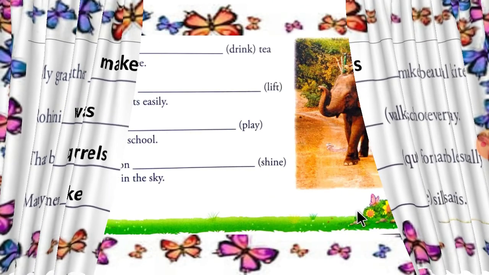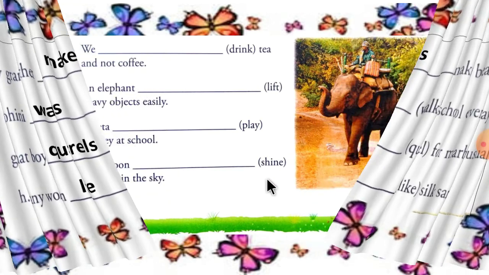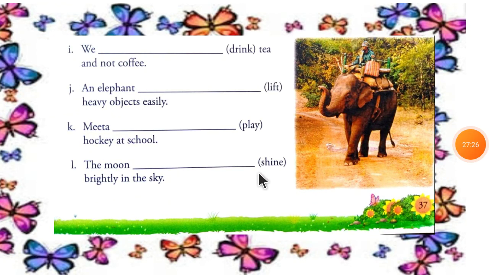Then, we dash tea and not coffee. Answer is drink. We drink tea and not coffee. An elephant dash heavy objects easily.